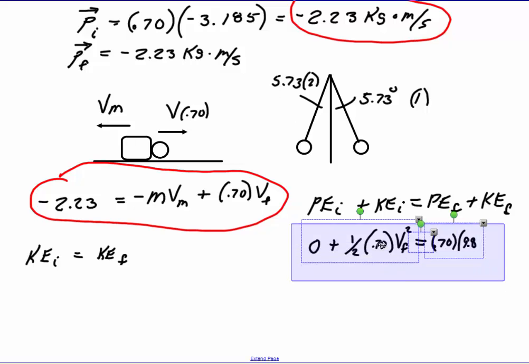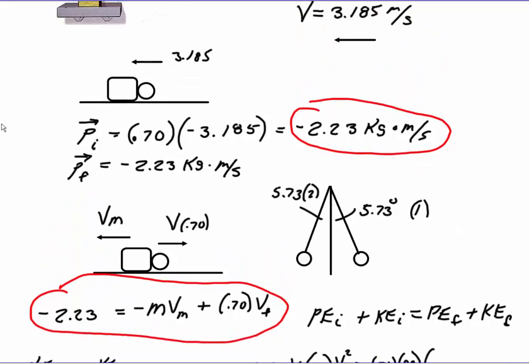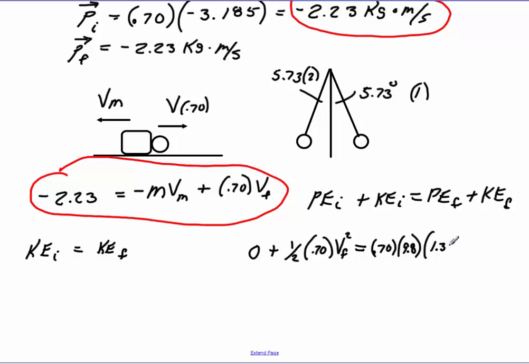Let's grab this, just slide it down here. 9.8 times the length of the string, which was what? 1.3. So it'd be 1.30 minus 1.30 times the cosine of 5.73. That's my potential energy. Our only unknown is VF. So when we solve for VF, we will get a value of about 0.3568 meters per second.